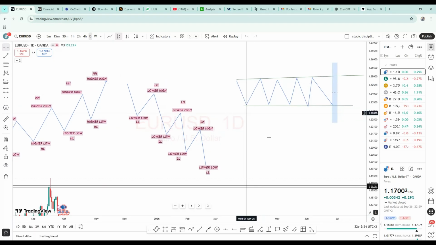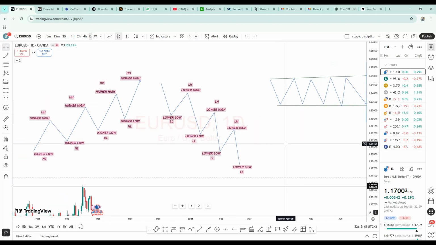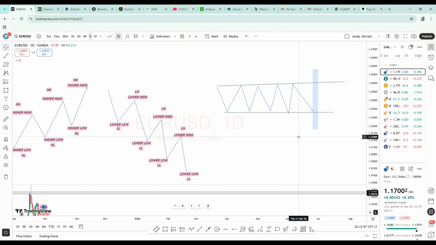But as long as you keep having this range-bound market, you never trade it. It's not tradable. Have that in mind. As a beginner, it might be a little difficult to identify, but as time goes on, you will figure everything out by yourself.